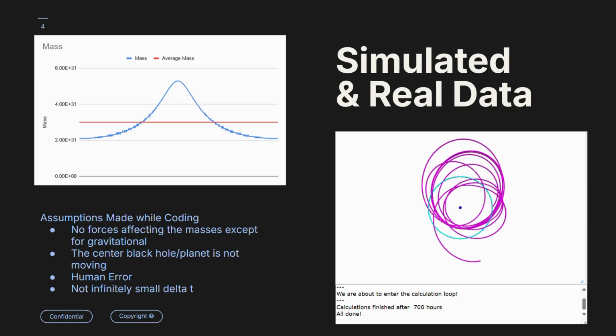Which is actually really interesting because it means, in our solar system, the sun is technically moving based off of the gravitational force of the Earth on the sun, but obviously it's not that much because the mass of the Earth is much smaller in comparison to the mass of the sun. Other reasons for error could be human error, and we don't have an infinitely small delta t, meaning that there's always going to be some rounding errors and whatnot in the simulations.